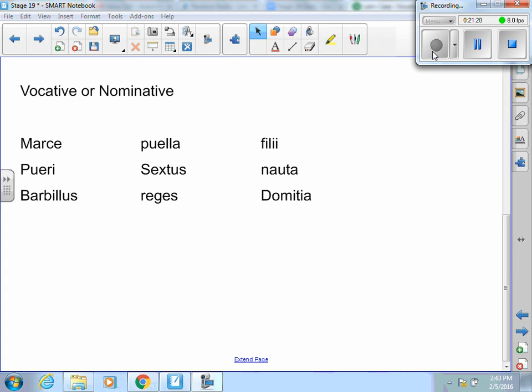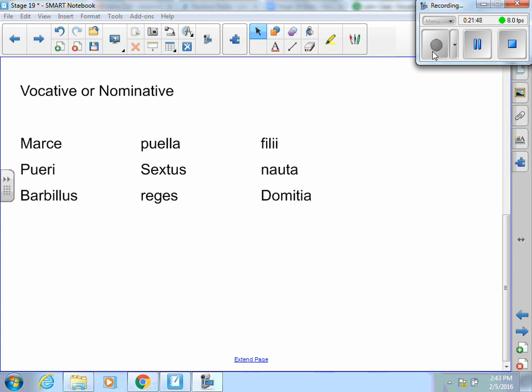Barbilus can be nominative. Puella can be nominative or vocative. Sextus can only be nominative. Remember, I've seen sextae. Reges can be both. The only ones that are really going to be a trick are the ones that end in e and us. Filii is both, could be either one. Nauta could be either one. And Domitia could be either one, vocative or nominative.